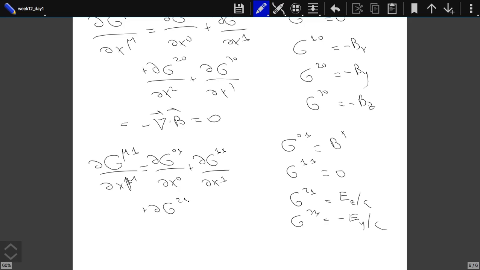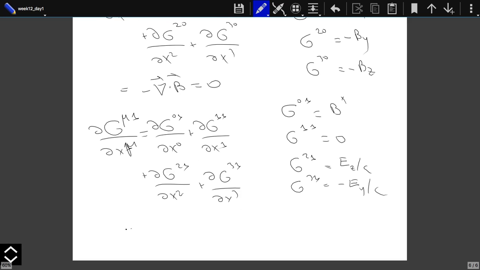which is, well, G01 is Bx, so minus del over del t of Bx, 1 over c, plus G11 is 0, G21 is 1 over c derivative of Ez with respect to y minus derivative of Ey with respect to z.